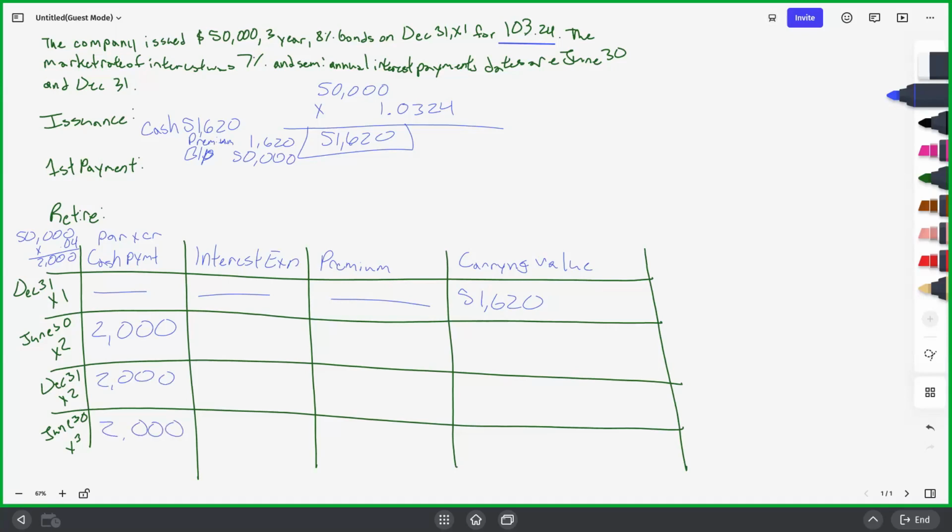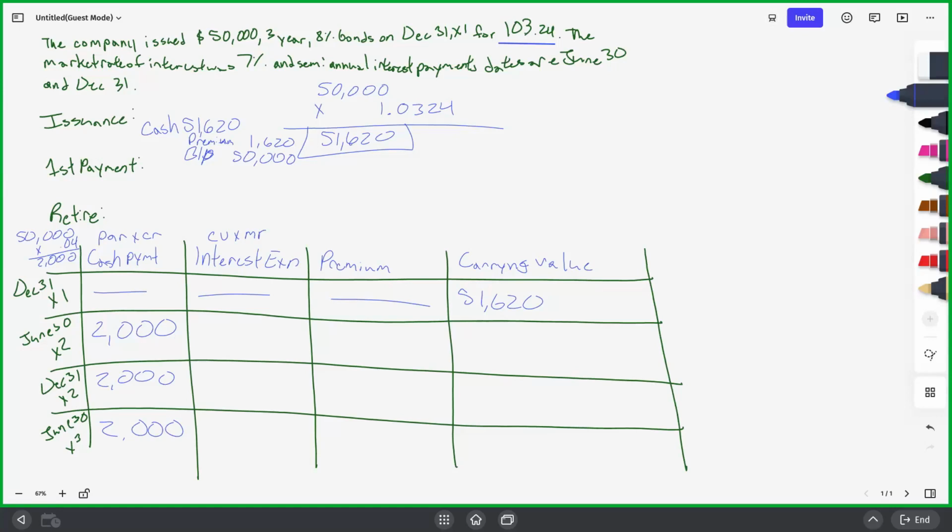All right, interest expense. How are we finding interest expense? Multiply your carrying value times the market rate. Very good.